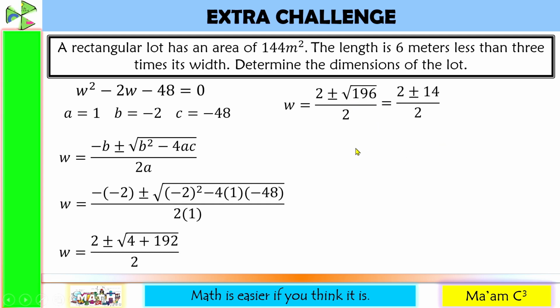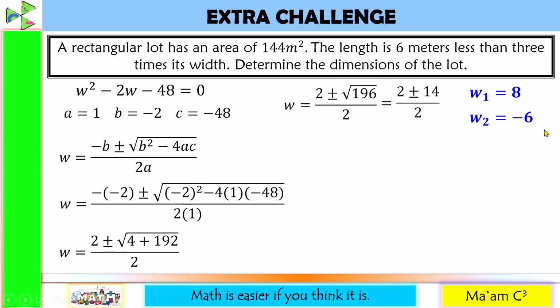Let's have the first value of W. 2 plus 14 is 16, and 16 divided by 2 is equal to 8. Second value, 2 minus 14 is negative 12, and negative 12 divided by 2 is negative 6. Since we are looking for dimensions, we cannot have a negative value.